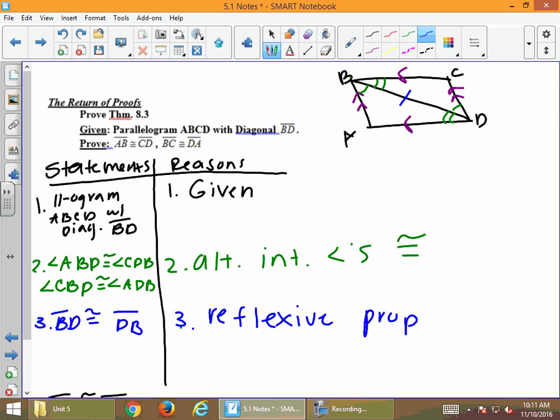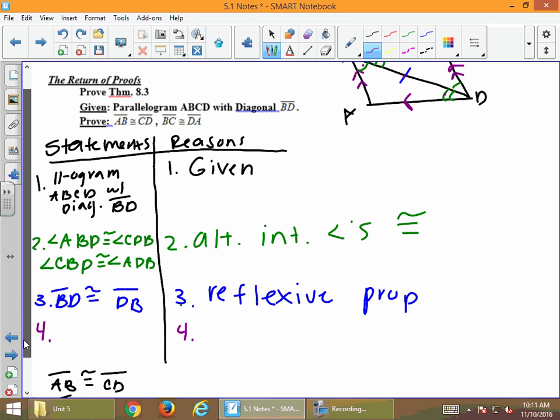Okay? Well, do we all have our three pieces to say that these triangles are congruent? What three pieces do we have? What is it? I heard someone say it. Angle, side, angle. We have an angle, we have a side, we have an angle.